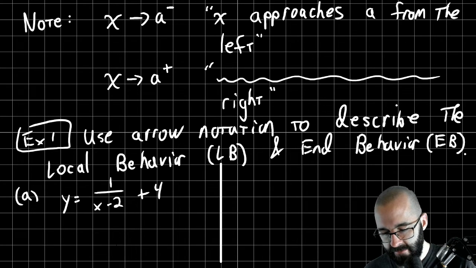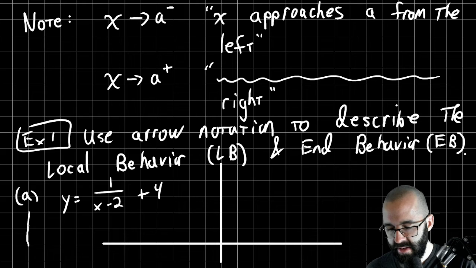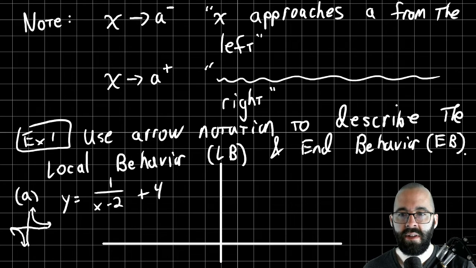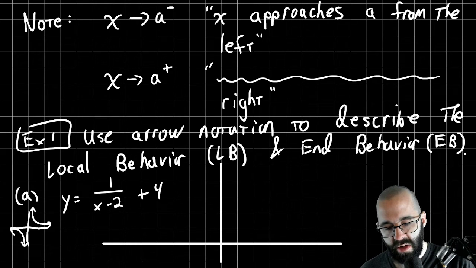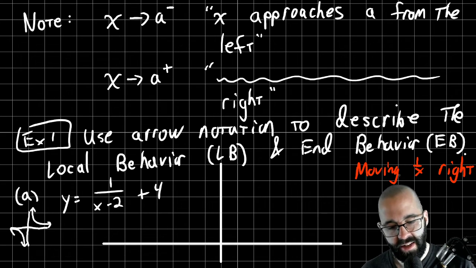All right, let's say we have this. Normally 1 over x kind of looks like this. We just covered that in the last page. Well, what are we doing to it? We're moving 1 over x right 2 and up 4.